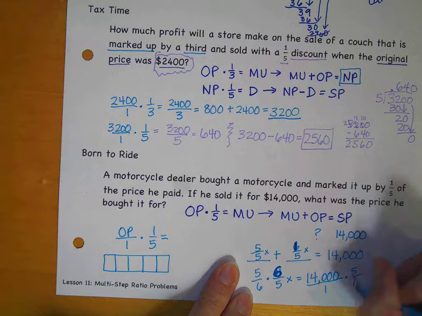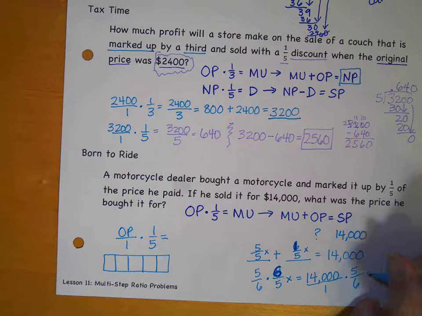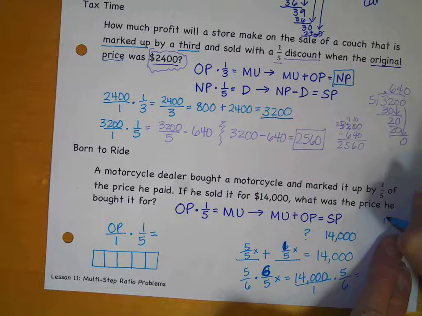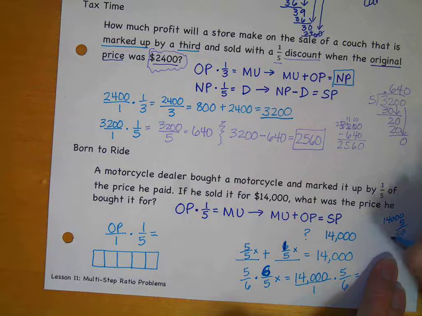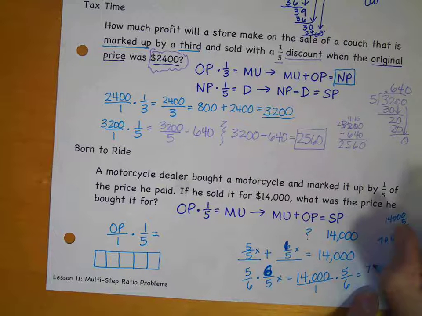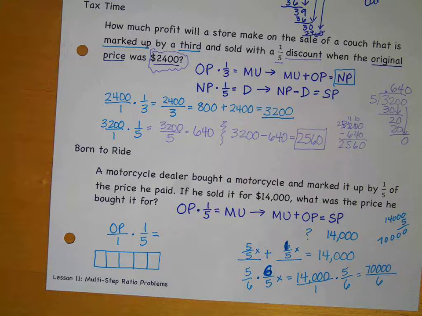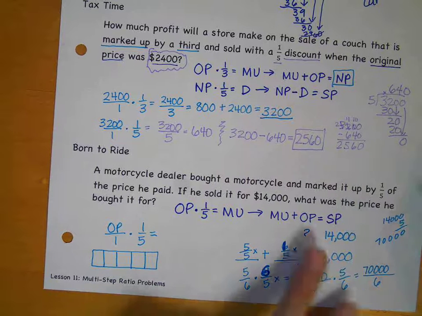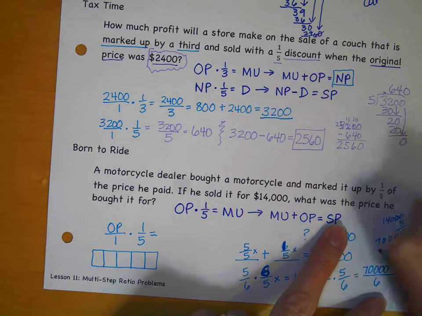So now all we have to do is multiply by the reciprocal on both sides. We're almost there. You guys are almost done. So 14,000 times 5 is really 70,000. And then we're going to divide it by 6.